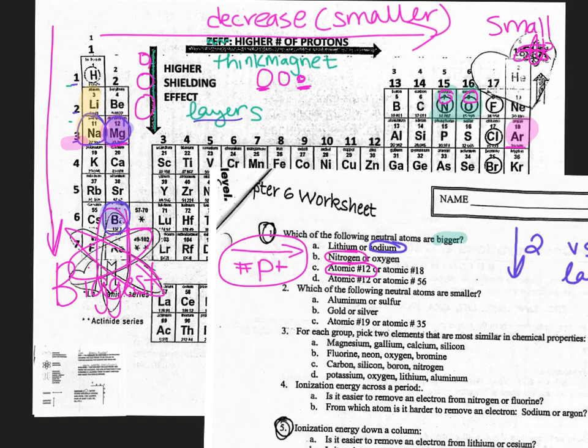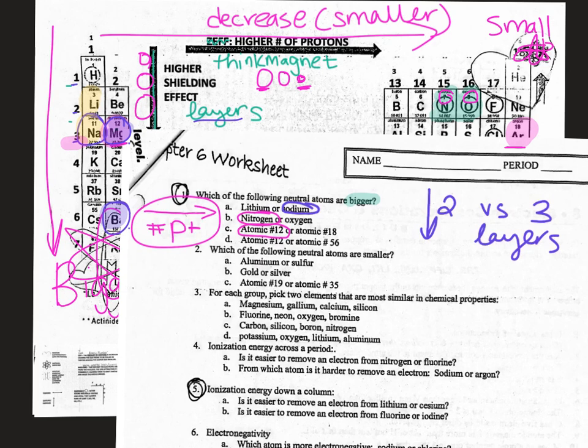Remember, we're looking at the layers. 12 is up here in layer 3. 56 is down here in layer 6. So we have 3 versus 6 layers this time. The one with 6 is going to be greater. Atomic 56 is a bigger atom.